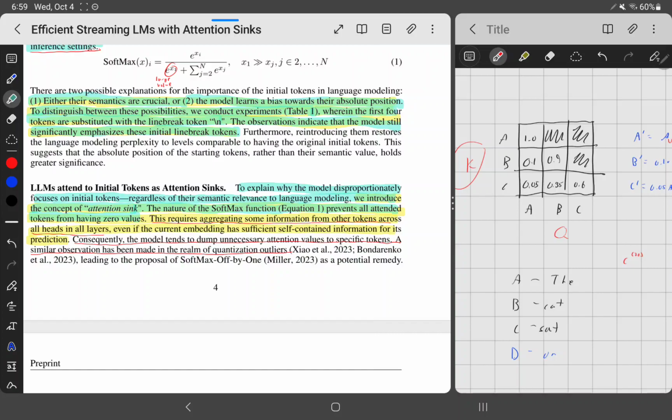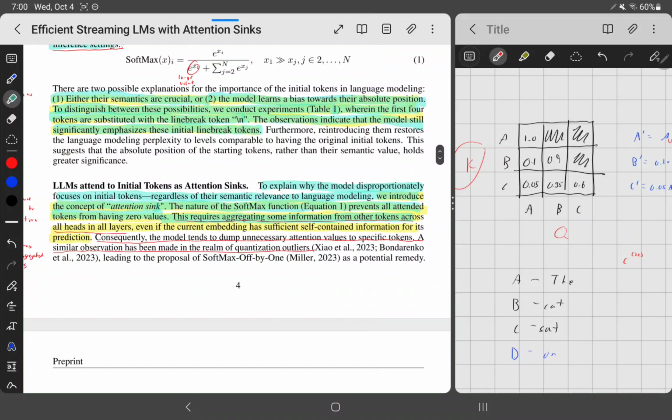That's because it's a distribution. So you normalize it, it doesn't have 0 value because of the softmax. And this requires aggregating some information from other tokens across all heads and layers, even if the current embeddings have sufficient self-contained information for its prediction.